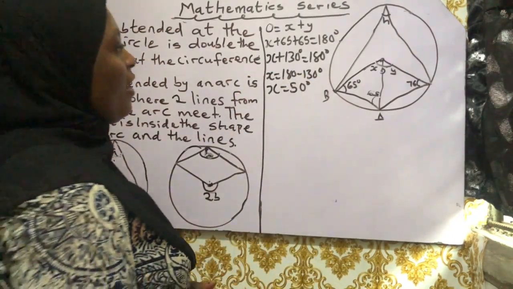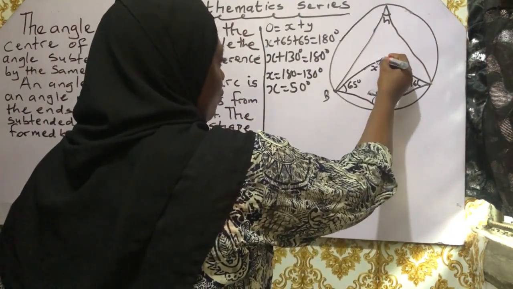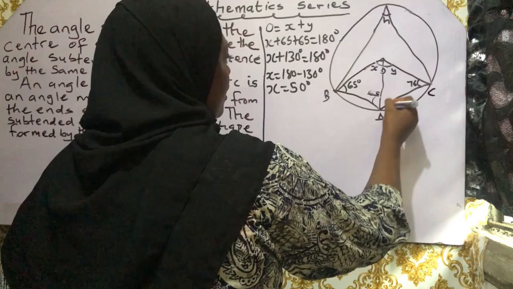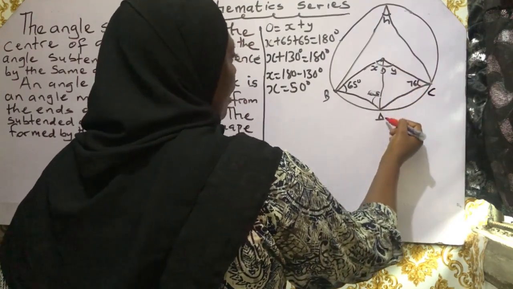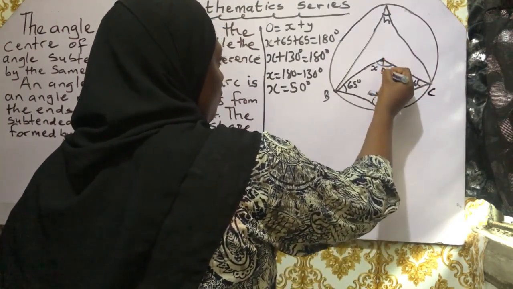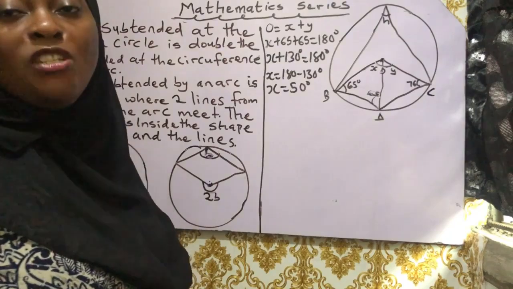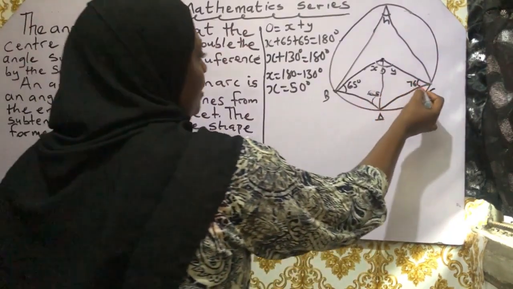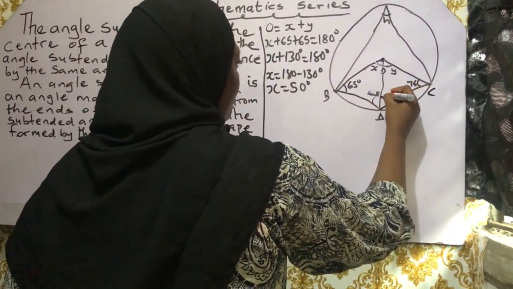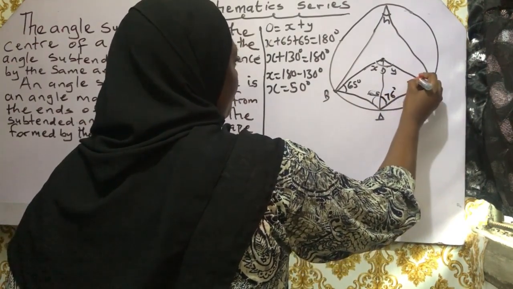We have gotten the value for X. Let's try to find Y. Now Y, let's see this triangle. Let's call this triangle DOC. Now looking at this, this is a radius and this is another radius. Just like this one, it is also isosceles. Meaning if this is 76 degrees, this will also be 76 degrees.